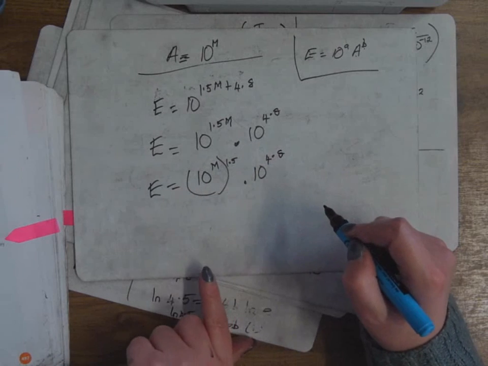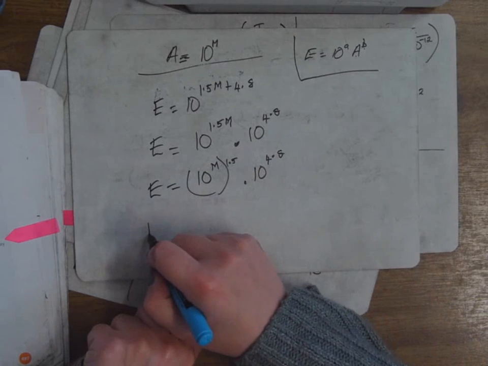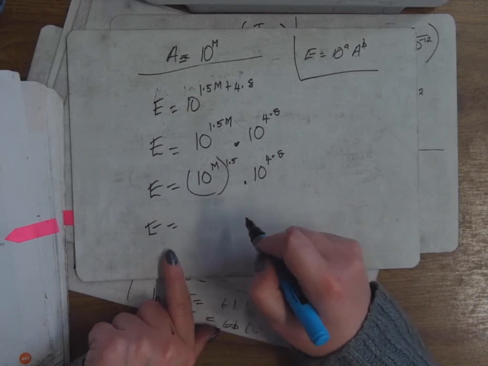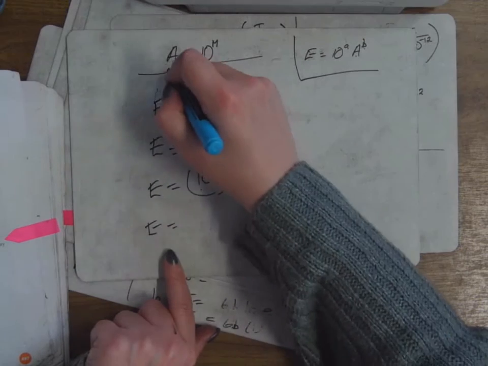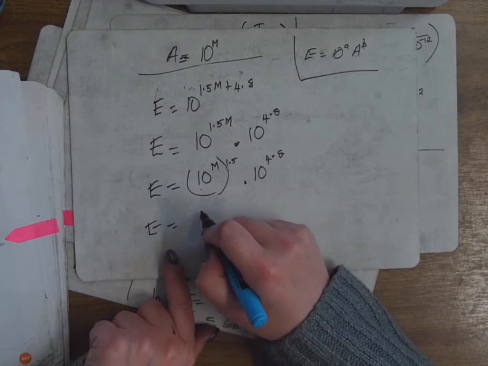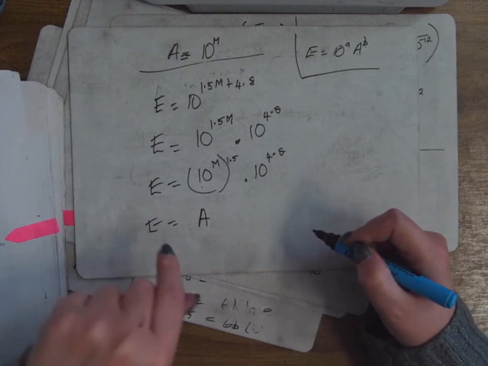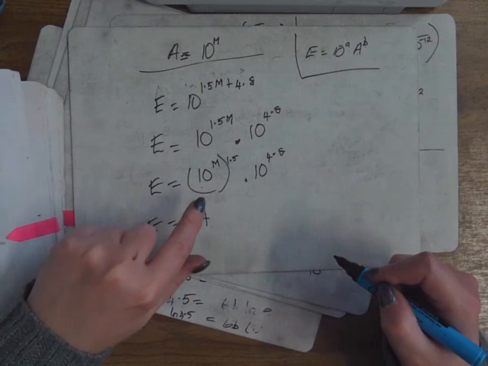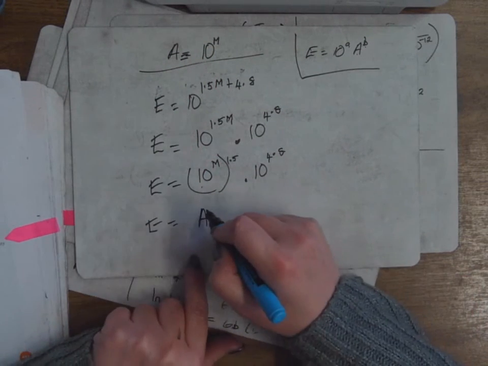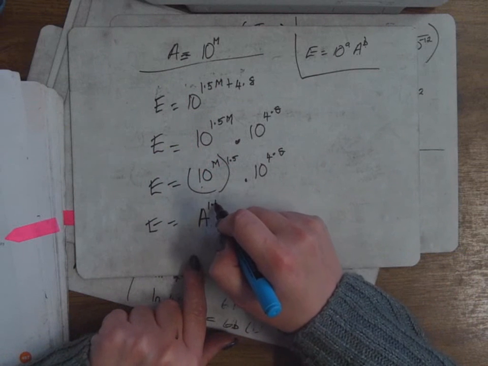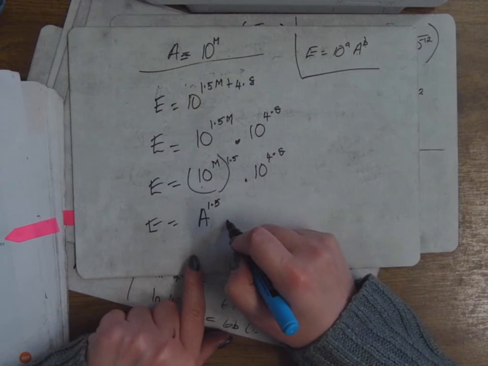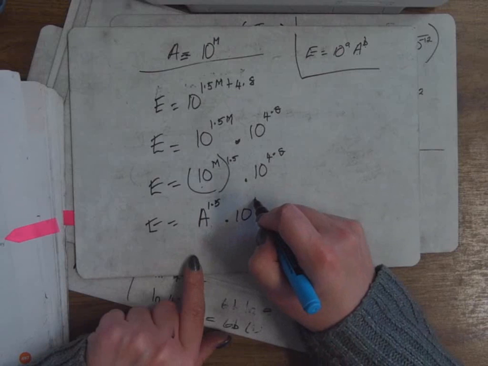Agreed? Right, okay, so that's E is equal to 10 to the power of m. I can write that as A, can't I? They told me that at the top of the sum, that A was 10 to the power of m. So instead of that, I can write capital A, so that's A to the power of 1.5, and this is multiplied by 10 to the power of 4.8.